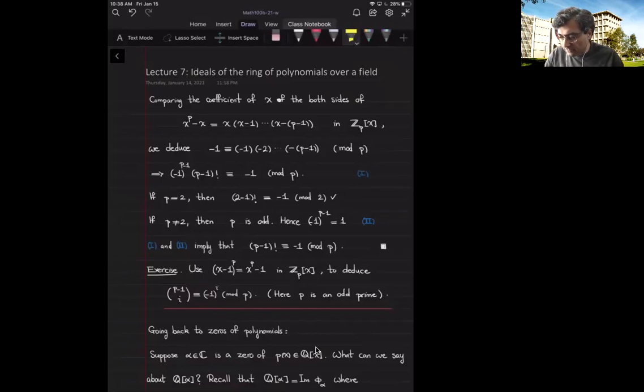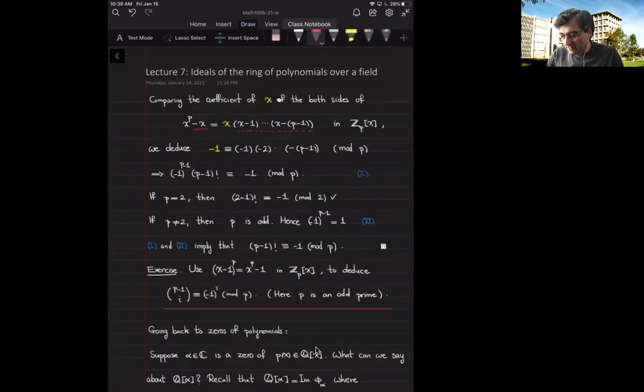The coefficient of x on the left-hand side is just -1. Now let's understand the coefficient of x on the right-hand side. We have x over here, so I have to focus on the constant term of the rest. The constant term is the product of the constant terms, or you can just say I'm evaluating at 0.